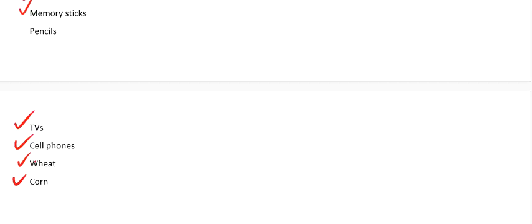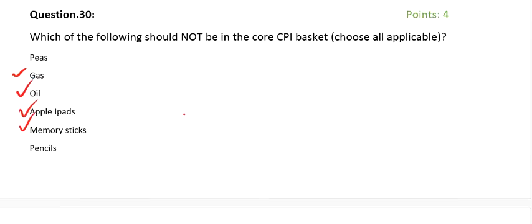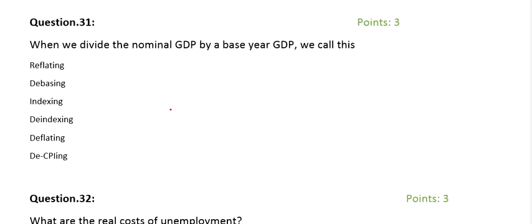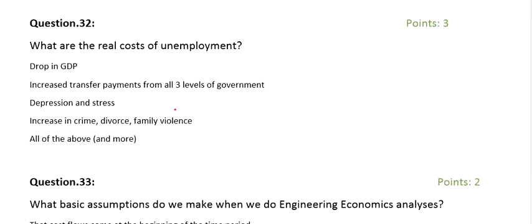So except 2 items, pencils and peas. Question 31. Deflating. Points. Question 32. All of the above and more.